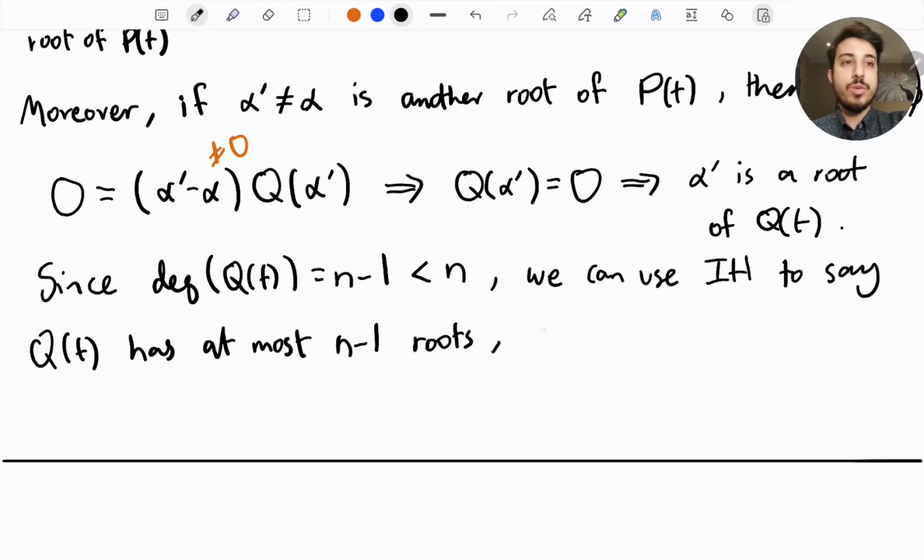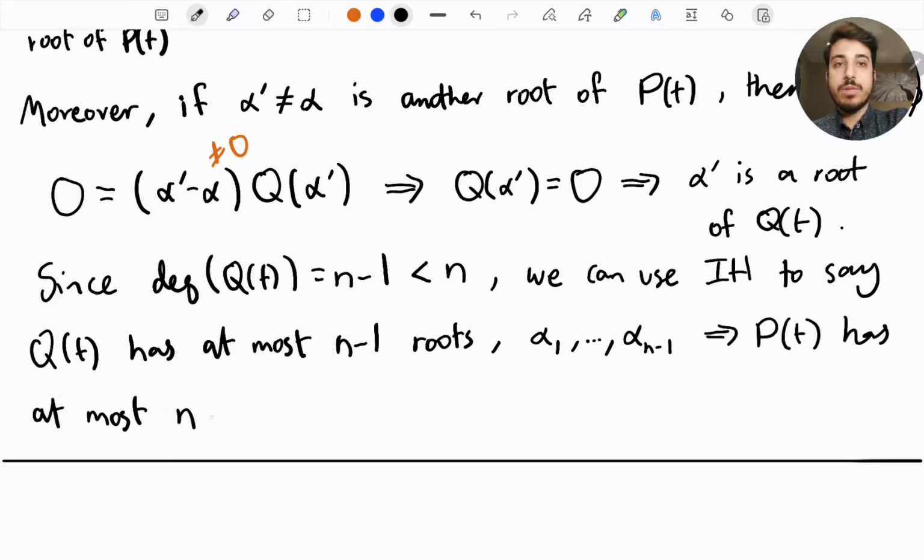Let's say these roots are alpha 1, alpha 2, all the way to alpha n minus 1. So this means that P(t) has at most n roots. What are these n roots?